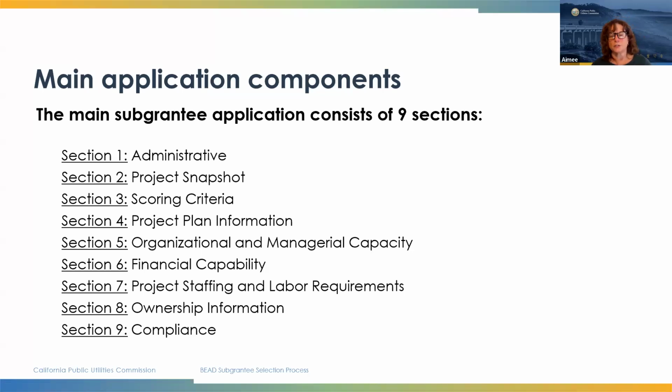Now I'm going to give you a bit of an overview of what that main application component looks like in terms of the components and a little bit about specific pieces of that.